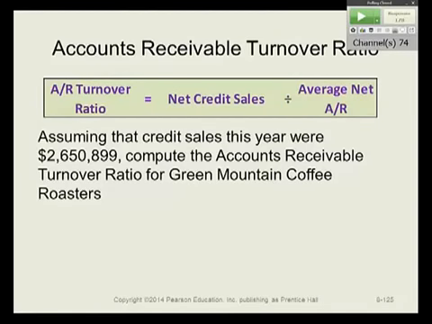The accounts receivable turnover ratio tells you how many times per year the company goes from its maximum accounts receivable balance to full collection.